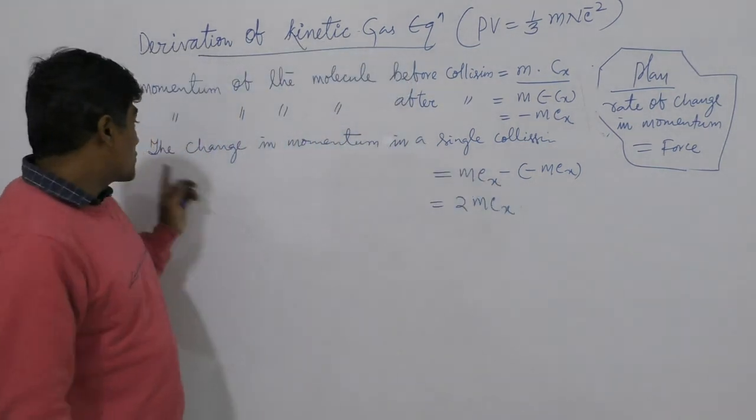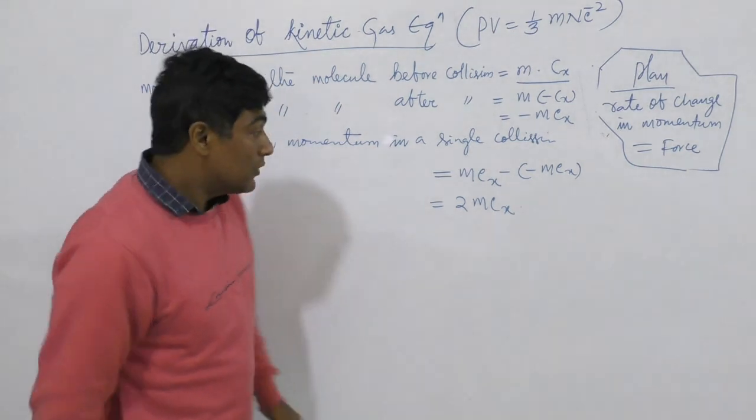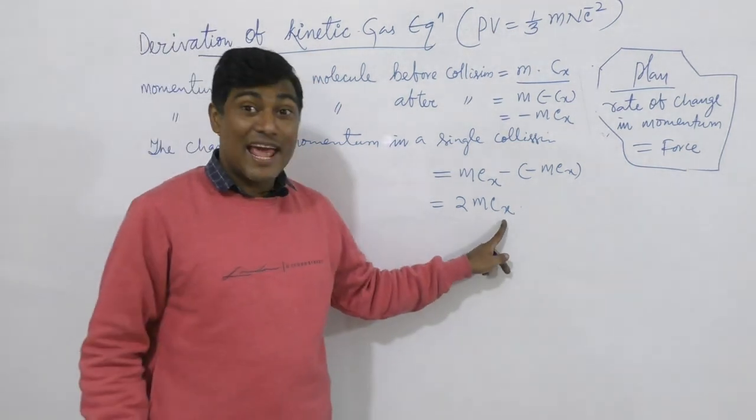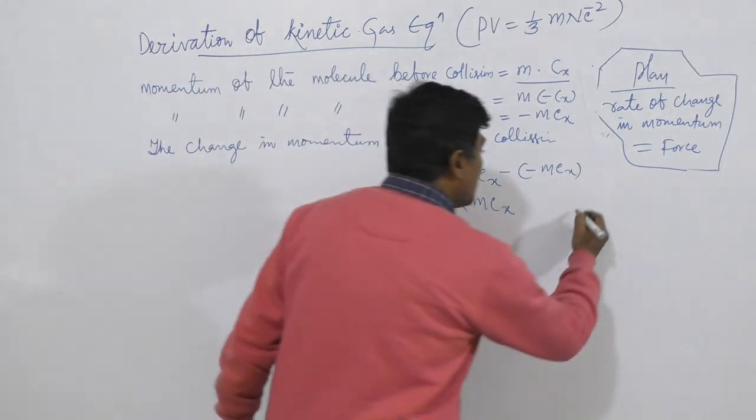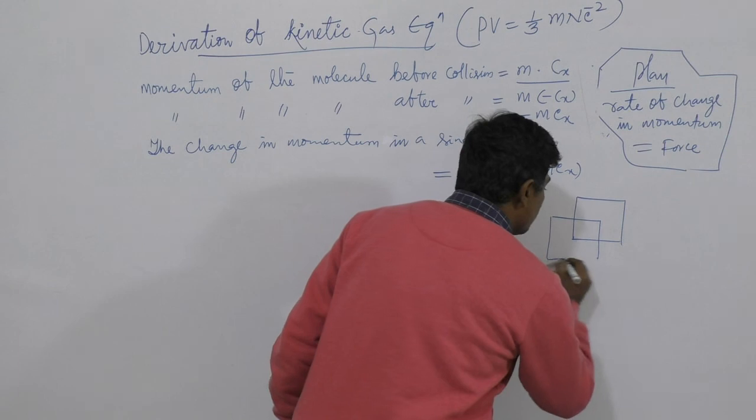This is the change in momentum in a single collision, that too in the x direction. But very importantly, you have to consider the box again.